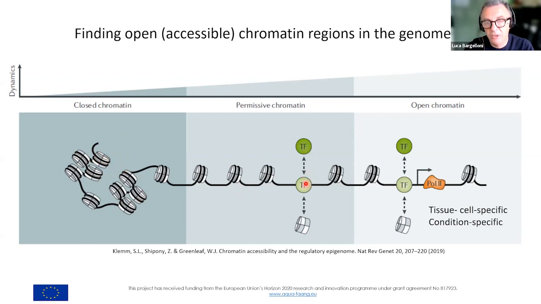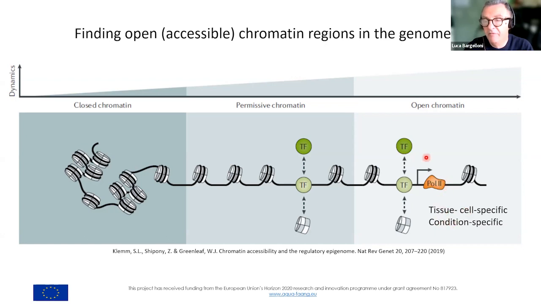Then when a gene is ready to be activated, but not activated yet, the chromatin opens up and becomes permissive. Then you have the fully active gene when regulatory regions upstream, downstream or within the same gene are open and the chromatin is modified, signaling that this is an active region. This is tissue and cell specific and also condition specific.